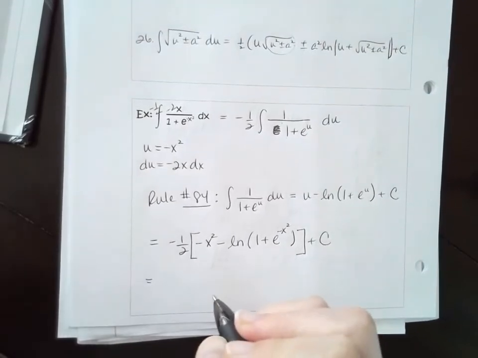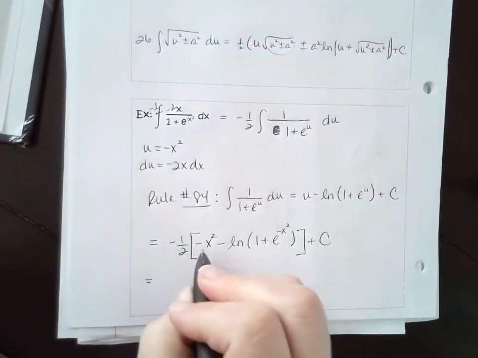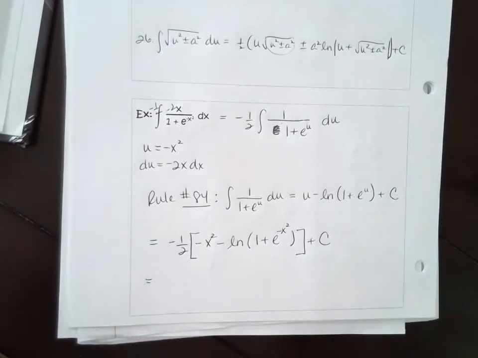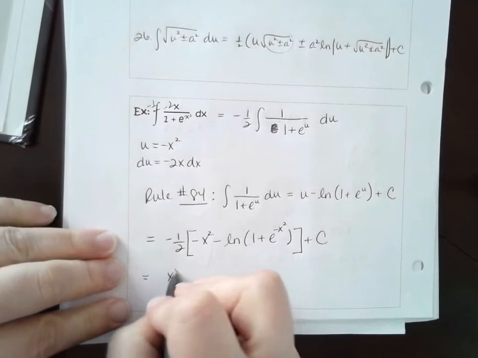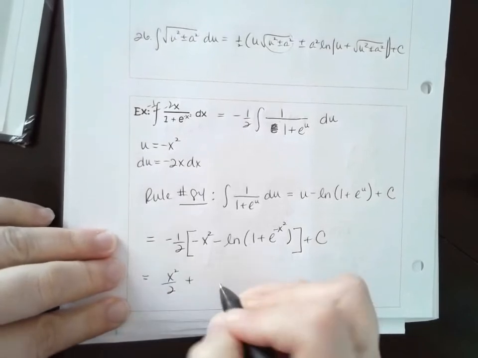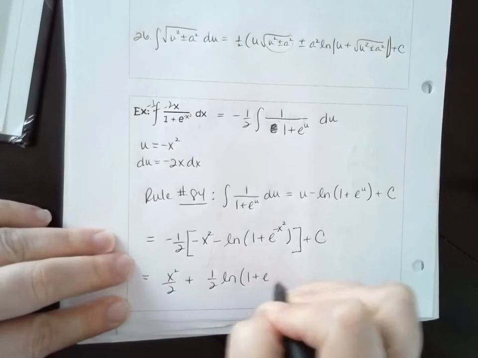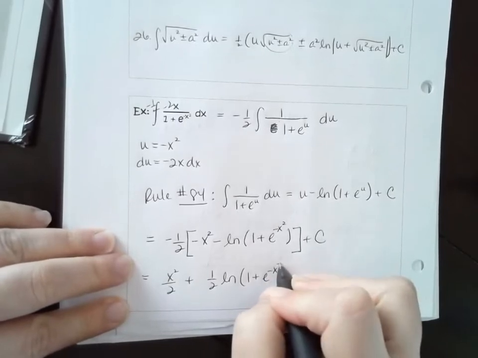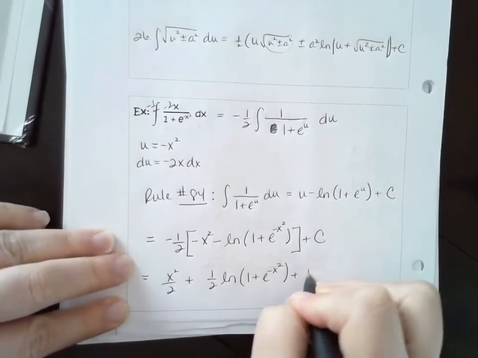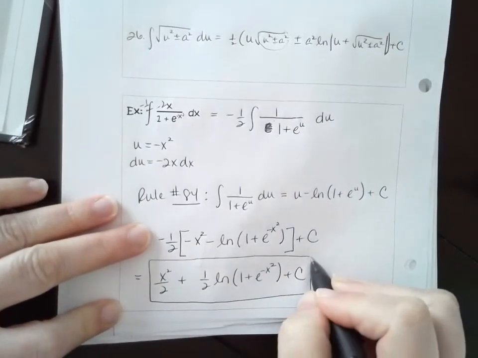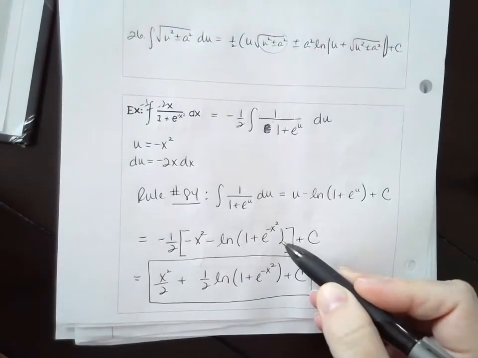I'm going to choose to distribute because it eliminates having too many negatives and it brings me into a positive value or a positive looking function. I get x squared over 2 plus 1/2 natural log of 1 plus e to the negative x squared plus c. And hopefully you made a mental note that this was not an absolute value, but rather parentheses.